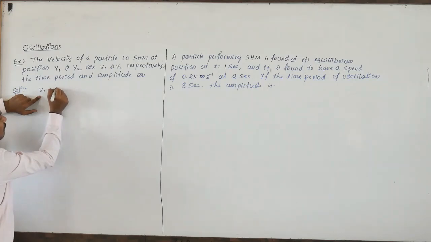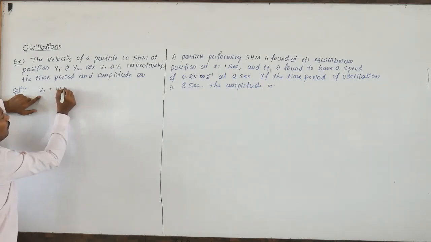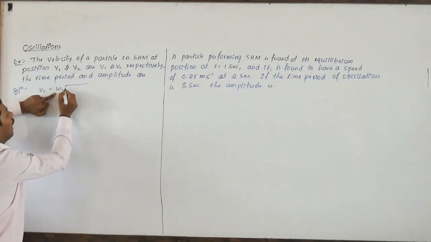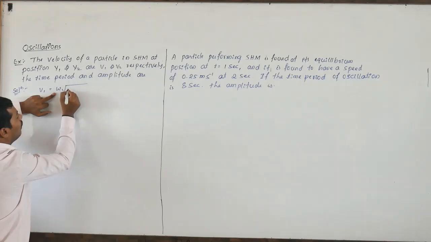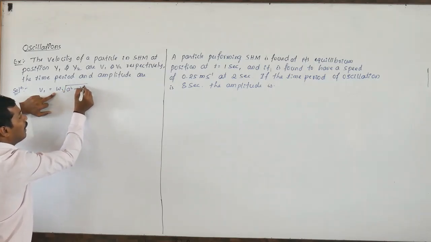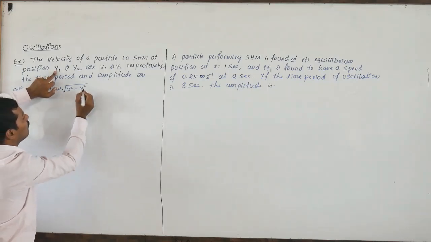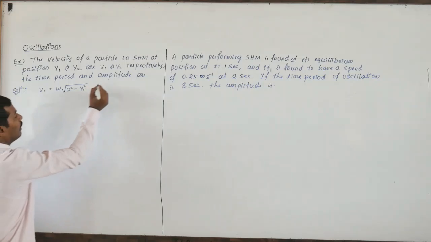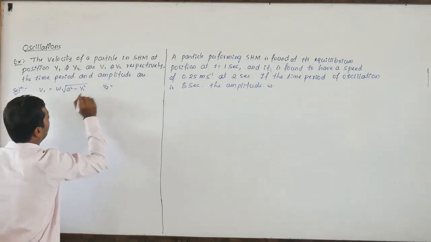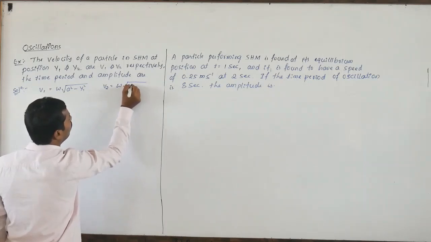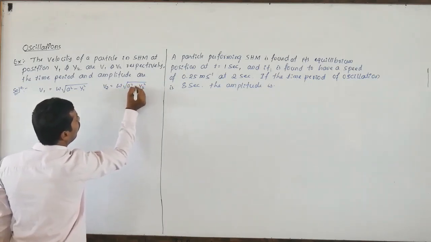We already know that equation, omega into, not the maximum velocity, it is the velocity equation only. Omega is constant here, and omega into root of a square minus y square, where y is the position, the first particle's position is y1. And again v2 is equal to omega into root of a square minus y2 whole square.